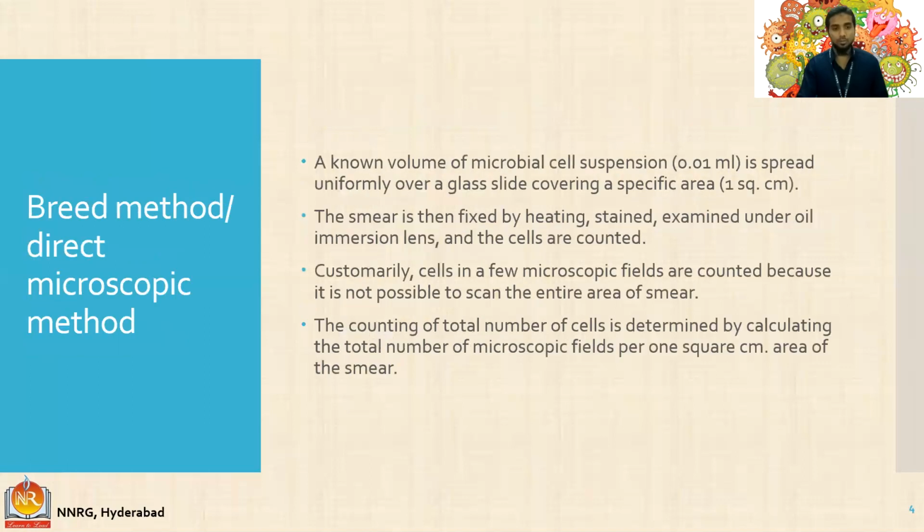First, the Breed method or direct microscopic method. What is actually done in this? In this, they take a glass slide and make a smear. A known volume of microbial cell suspension is spread uniformly over a glass slide, covering a specific area of 1 square centimeter.